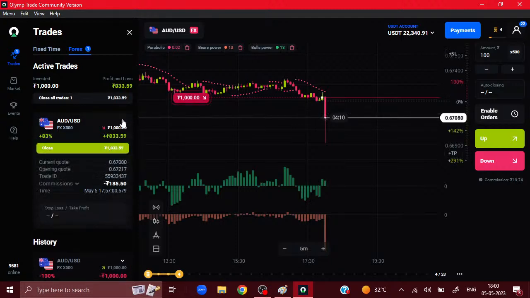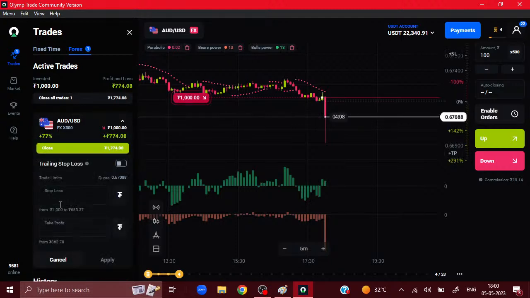Conservative traders, what you can do is you can shift the stop loss of this trade to 0. Okay, this is how you should do it.